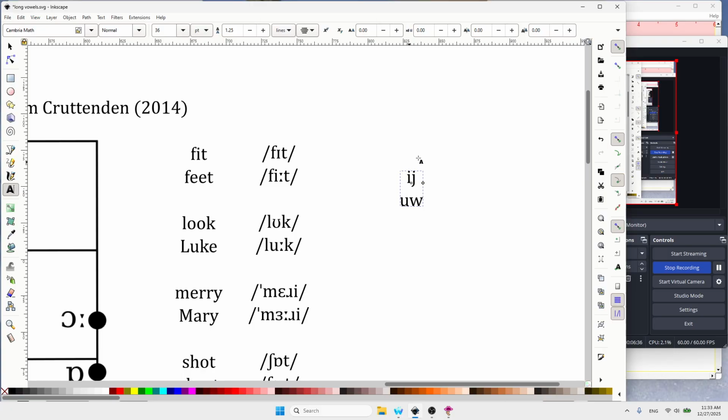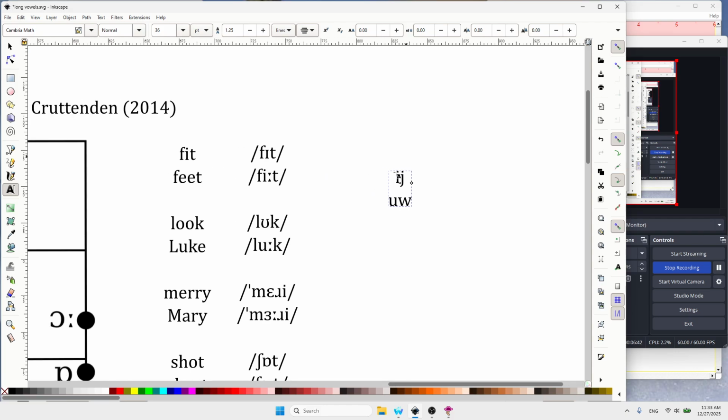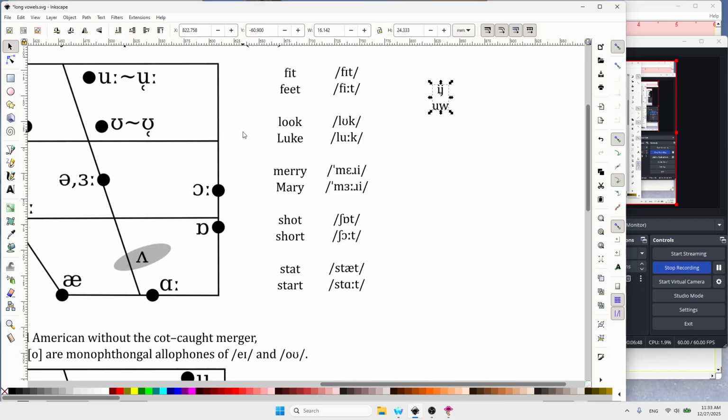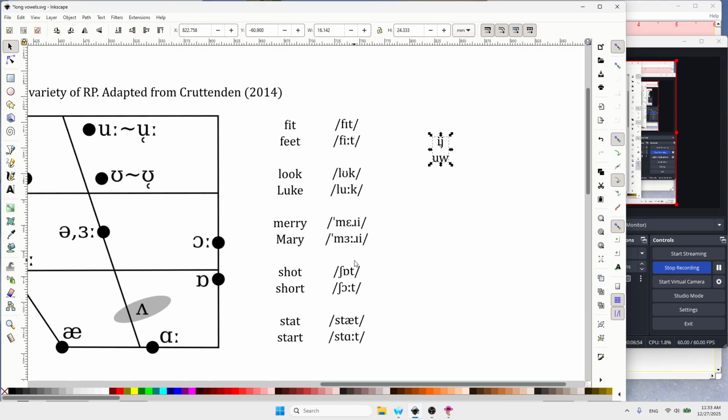E-ooh, e-ooh, versus e, where it's not a diphthong, where it's just a monophthong. So I'm going to be trying to pronounce these as monophthongs, even though how exactly it's pronounced might vary by dialect.